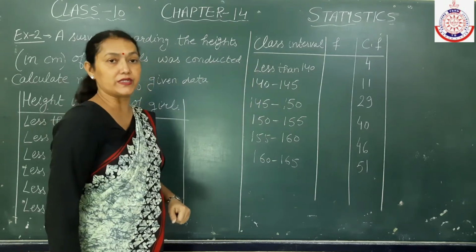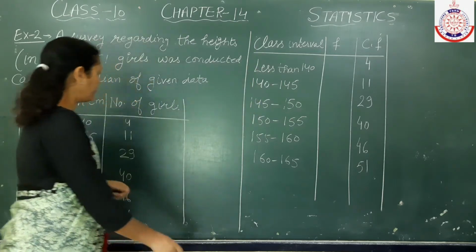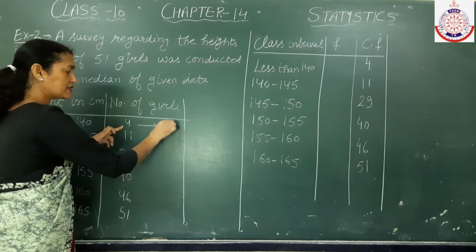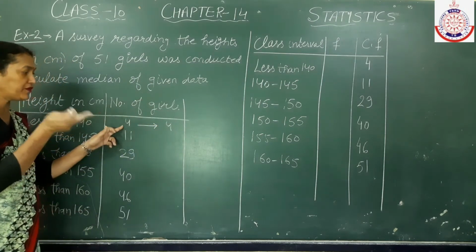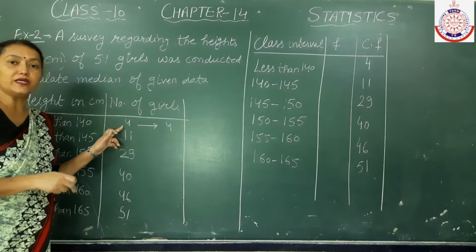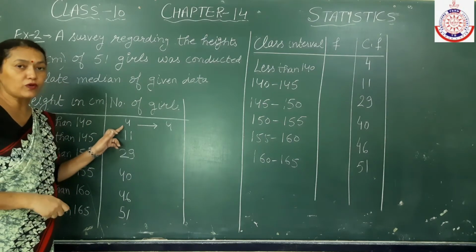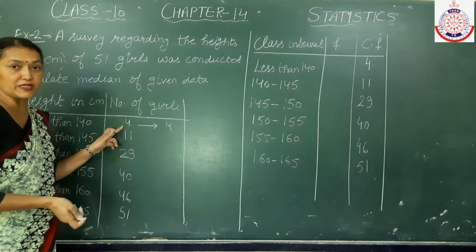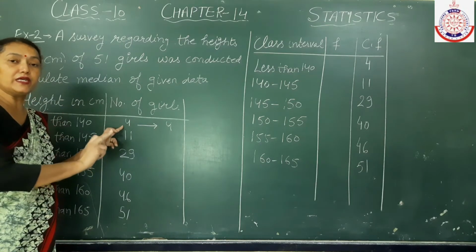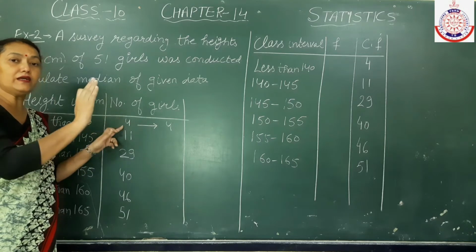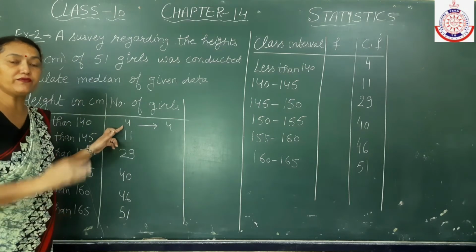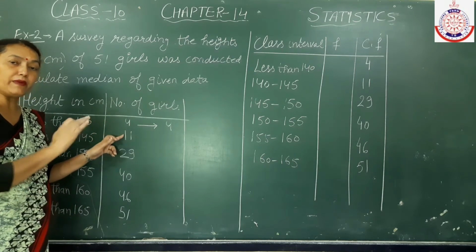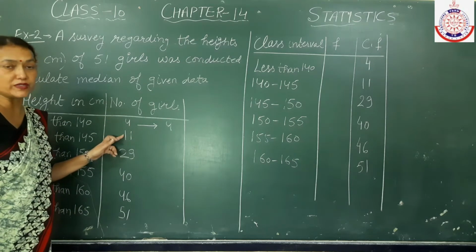Now frequency. How to calculate frequency? From cumulative frequency, again write the first value as it is. When frequency was given in the last question, continuous addition gave us cumulative frequency. Now continuous subtraction will give us frequency. If frequency is given, by continuous addition we can calculate cumulative frequency, and if cumulative frequency is given, by subtraction we can get frequency.